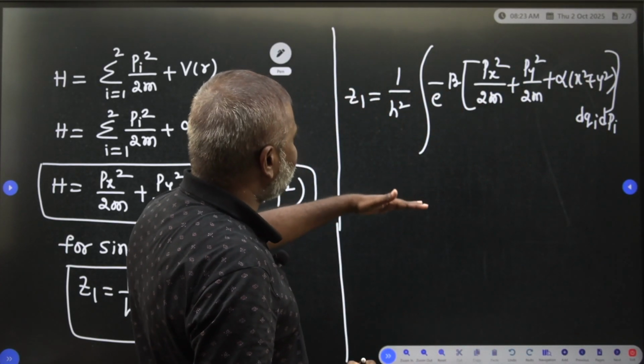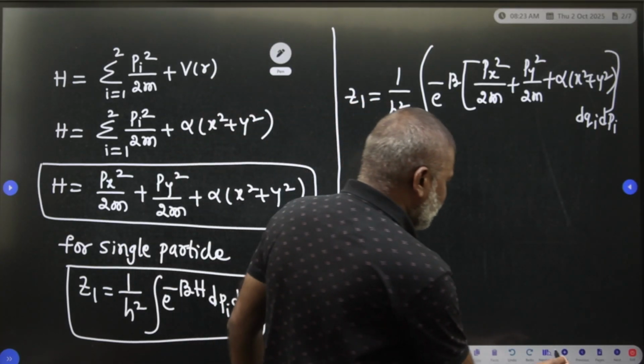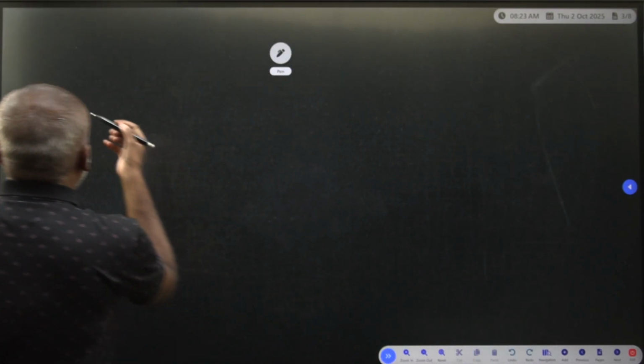This board is not sufficient, so I am going to take the next page.